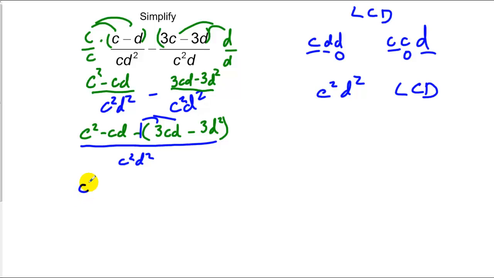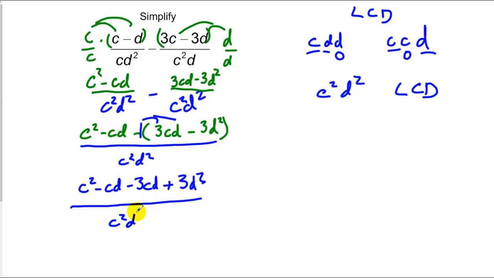So I'll get C squared minus CD minus 3CD plus 3D squared over C squared D squared. Combine like terms, it gives me a C squared minus 4CD plus 3D squared over C squared D squared.